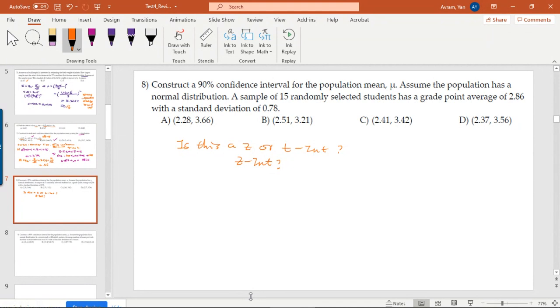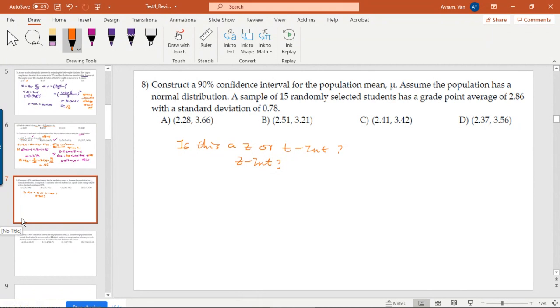Tell me why it is Z. Because it asks to construct a 90% confidence interval for the population mean, and it gives you the T stuff? No. The T interval can also have a confidence level, and the T interval also finds a population mean interval.